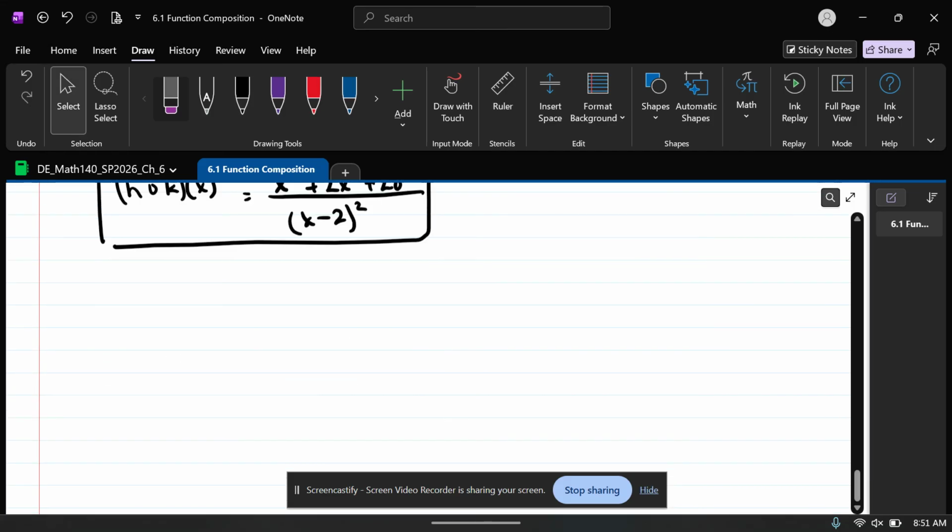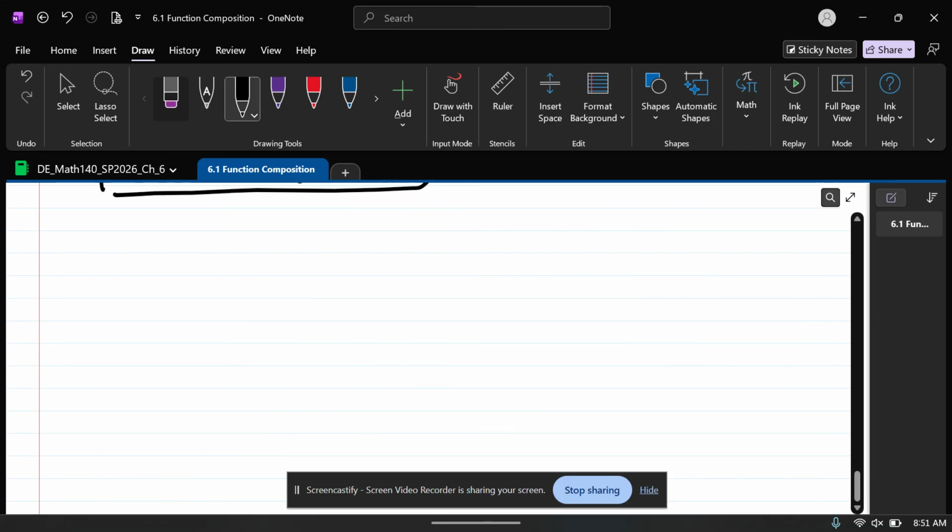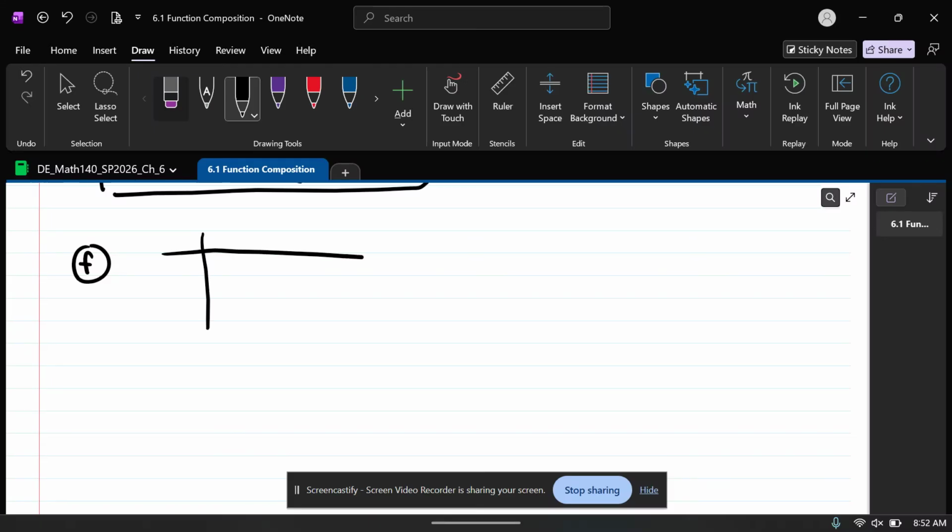Okay, so here's our table. So we're going to do like a 3-level table. The first row is going to be my x values. The second row is going to be f of x. And the third row is going to be g of x.